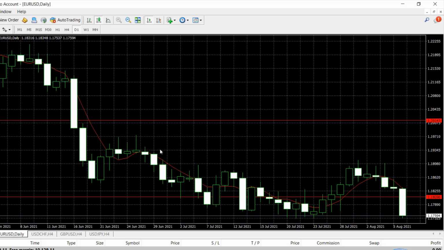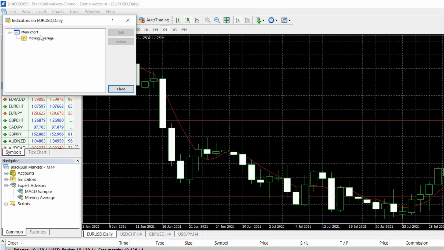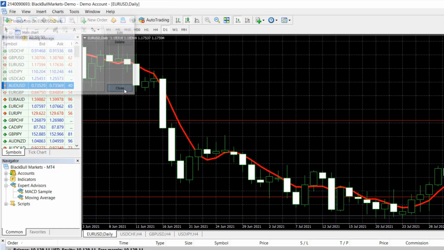So for you to understand me better, I want to tell you how the moving averages work. What the moving average actually does is make the chart smoother, right? I will just increase the moving average right now. I will make it thicker. I will pick the thickest option. I will click on OK, and here it is.